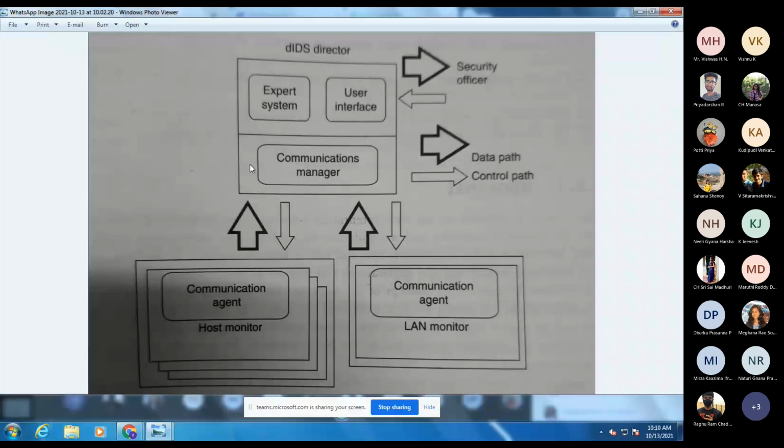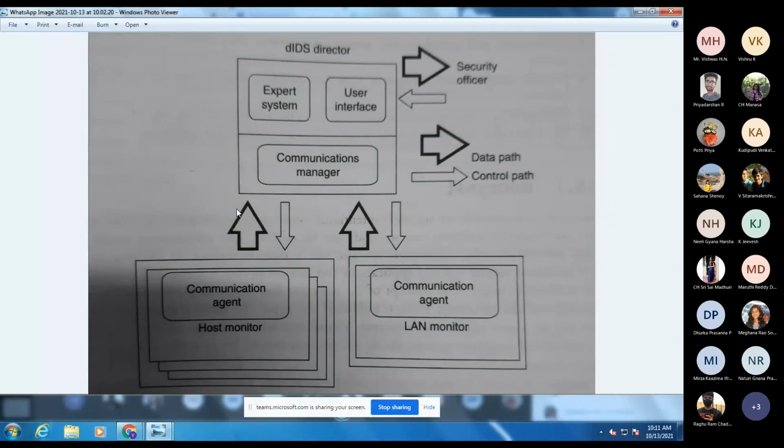And if further investigation is required, this user interface will take that data, and it will be sent to a security officer, which will be an external support. Is that clear? It is not there in your network, which will be an external support, and from the external support you can get that information. Is that clear? So this is how a DIDS director works.